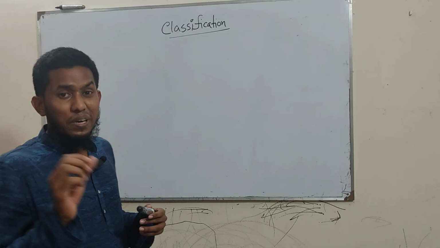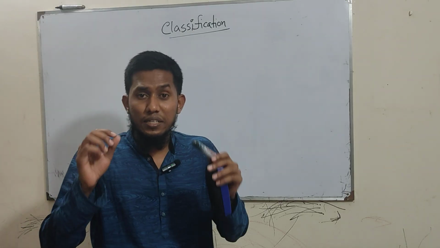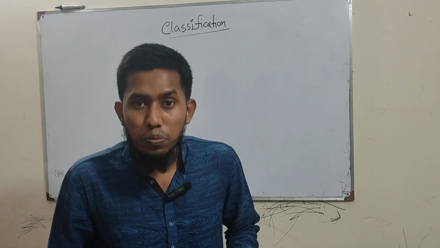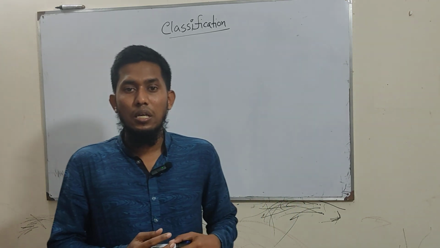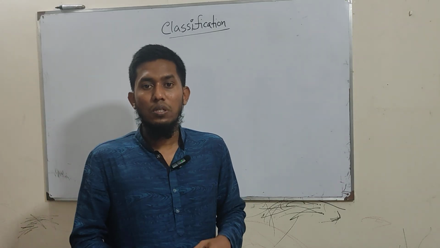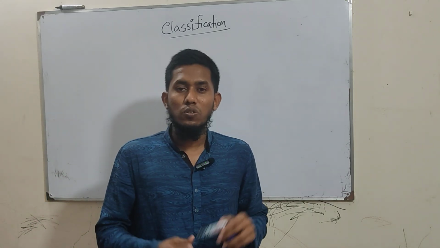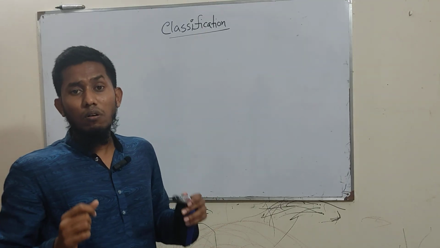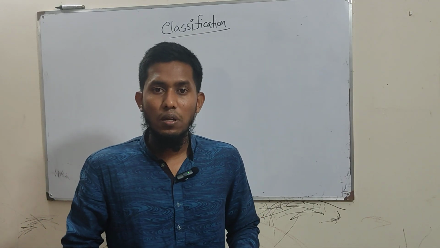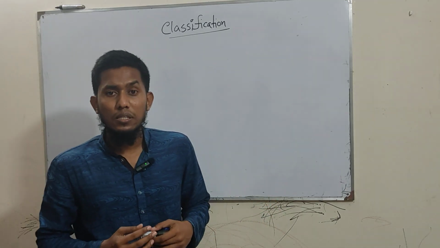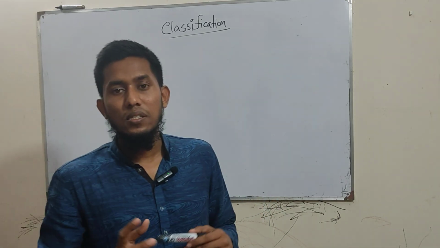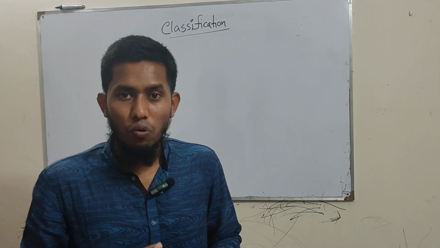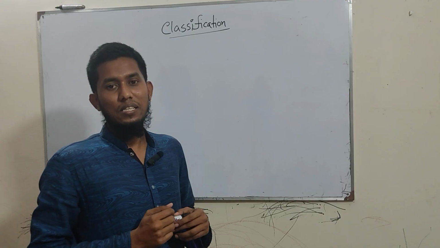Based on the similarities and dissimilarities, organisms are classified into several groups in a systematic method. This method is called classification. My beloved students, a question may come: define classification, or what is classification? Again, based on the similarities and dissimilarities, organisms are classified into several groups. This is called classification.